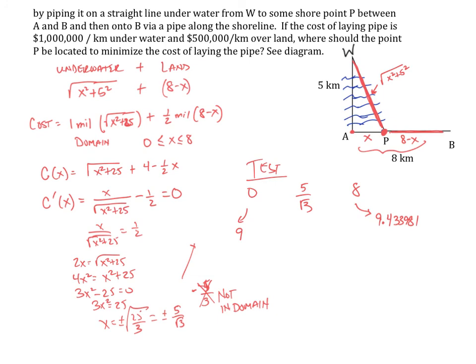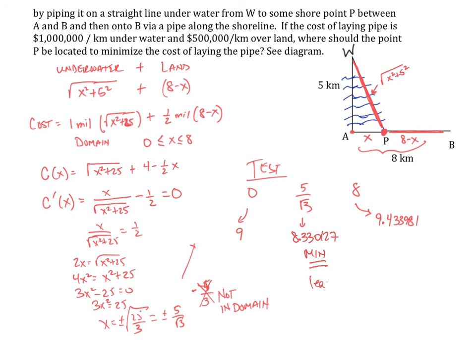And at this point right here, when I test it, remember, I'm putting this back into my original cost equation right here, right? I'm putting it back into my total cost equation. So when I test 5 over root 3, I will get 8.330127. So this is my absolute minimum value.